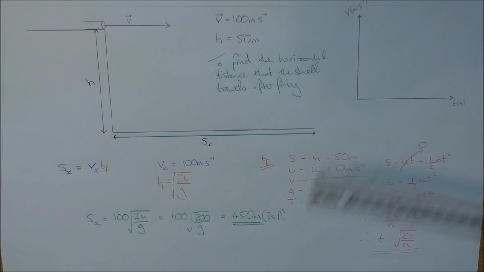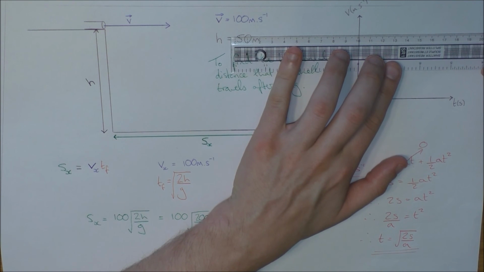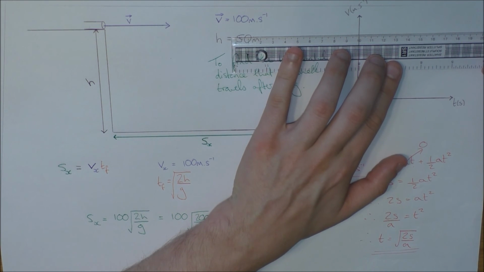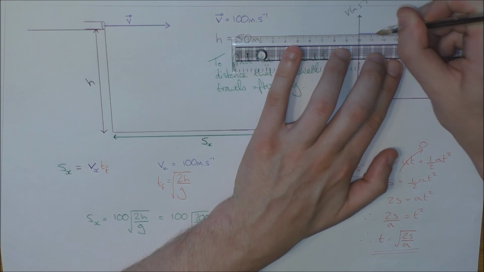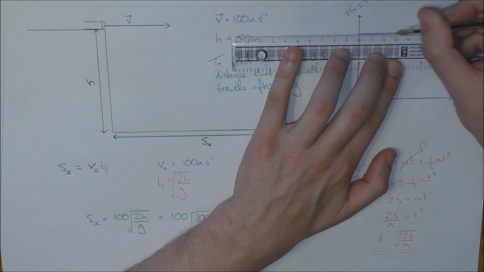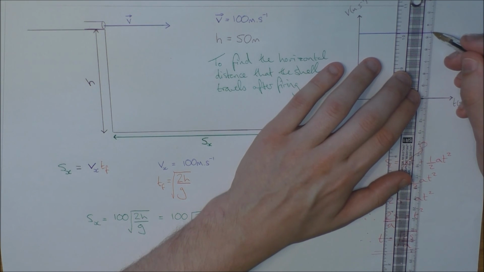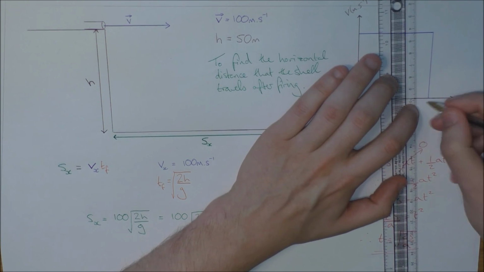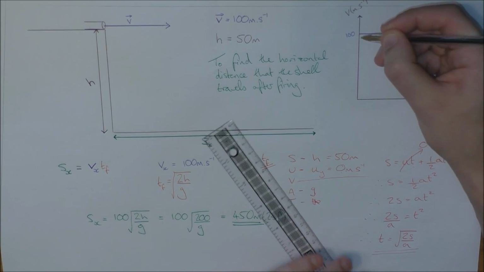I can also do something quite interesting with this little graph up here. I can graph my values of Vx and Vy just to have a look at them to see what they look like over the time that they're in the air. So I know that Vx, if I do this one in blue, basically does that, where that is Tf and that is 100 meters per second.